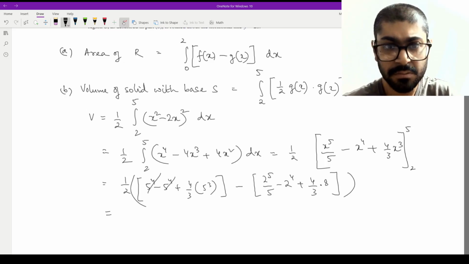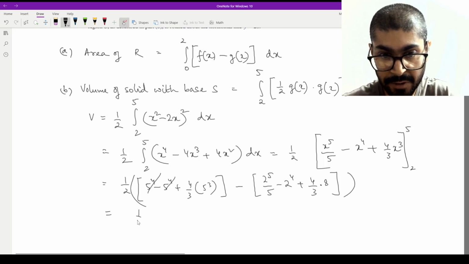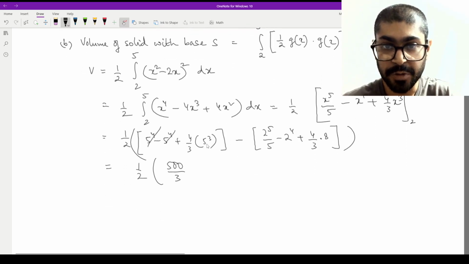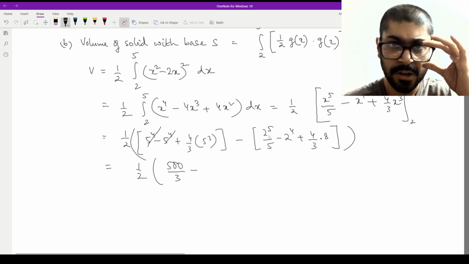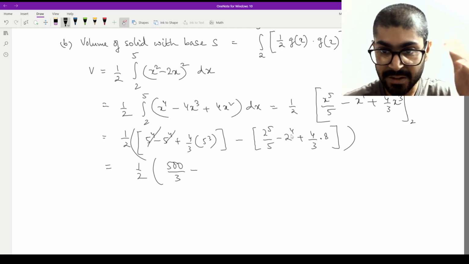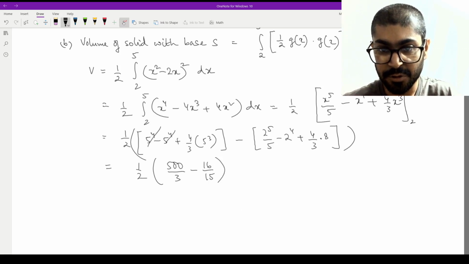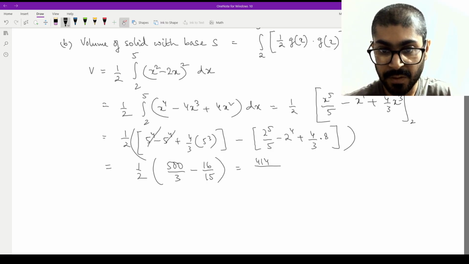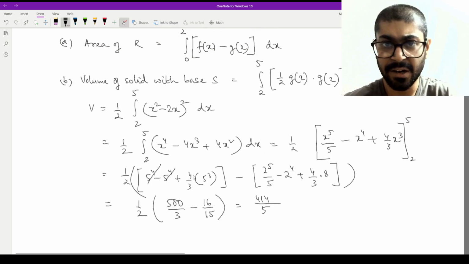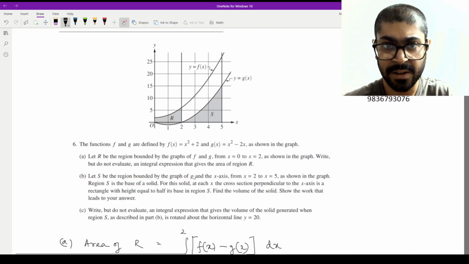If you solve this entire thing, it will turn out to be half into 500 by 3, because 5 cube is 125, 125 into 4 is 500 by 3, minus 32 by 5 minus 16 plus 32 by 3. You can solve it, it will turn out to be 16 by 15. And if you solve this, ultimately it will become 414 by 5. You can leave it here, you don't need to transfer this into decimal, this will be the correct answer.